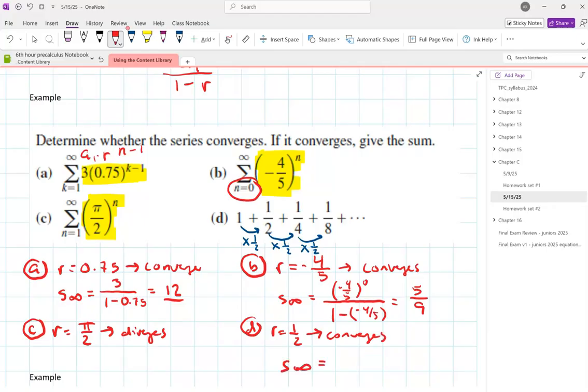And since it's convergent, I can just take the first term, divide by 1 minus R. So that's 2. Again, kind of a surprising result. I'm adding up infinitely many things and I get a finite number. Infinitely many positive things, I'm getting a finite number. Kind of weird.